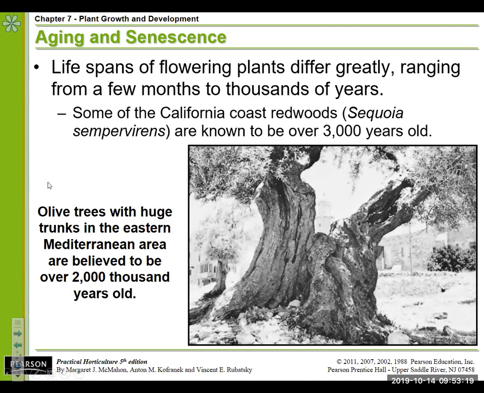And even though they have this great lifespan, does that necessarily mean that they're going to be productive for their entire lifespan? Probably not. There's going to be a cycle there as well, where they're going to have their prime period, in between juvenility and maturity, where they're producing the most of the crop.